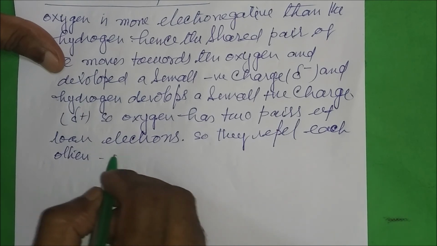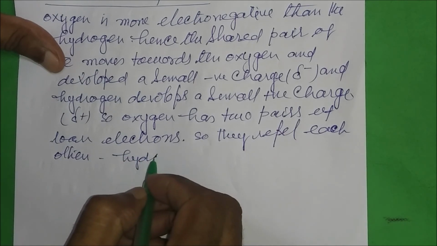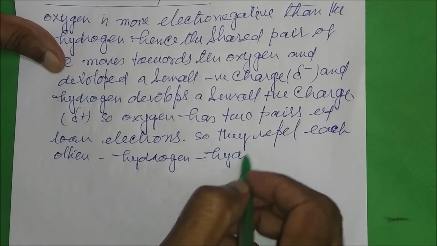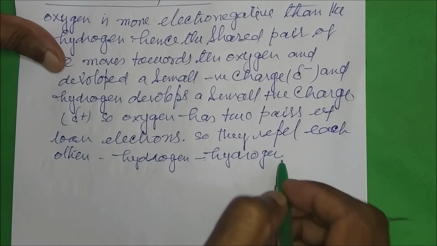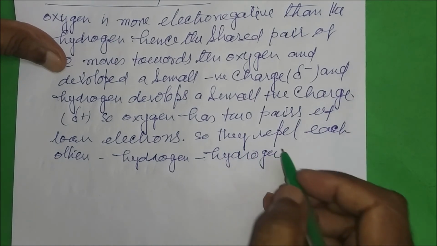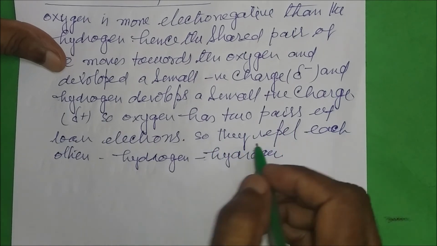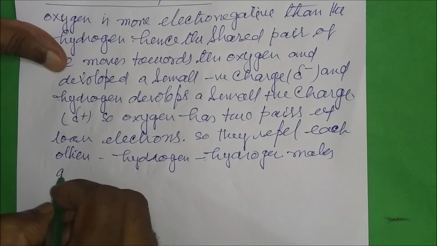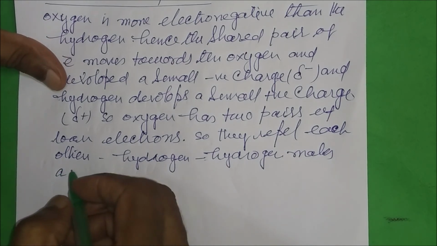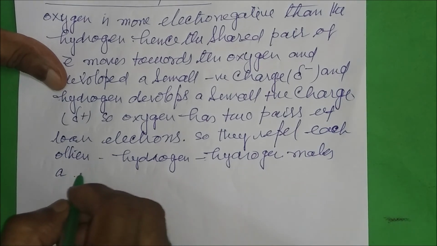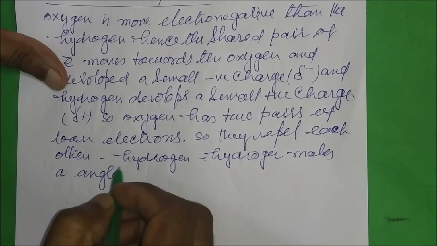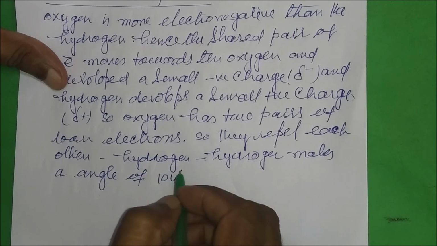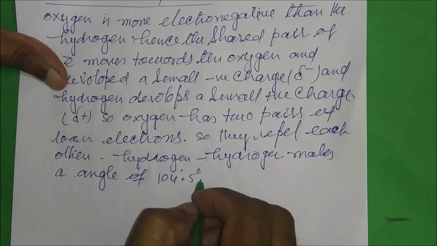Hydrogen and hydrogen, right? So the bond makes an angle of 104.5 degrees, right?